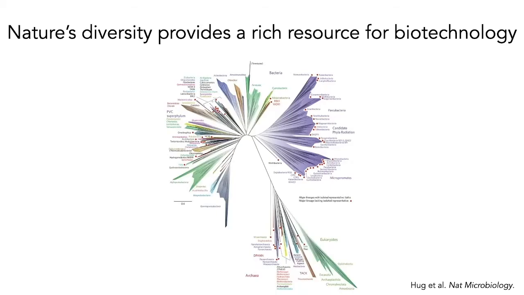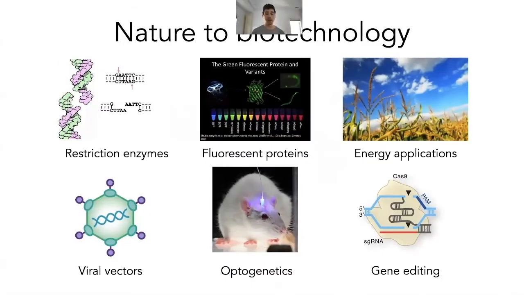This has been going on since the 70s and earlier, with restriction enzymes forming the basis of the original biotechnology revolution, fluorescent proteins for tracking different species in the cell, viral vectors for delivery, and of course optogenetics, using channelrhodopsins to perturb proteins and voltage states in cells. And gene editing, which we'll be discussing today, uses CRISPR nucleases to target nucleic acids, cut them, and do many other interesting things.